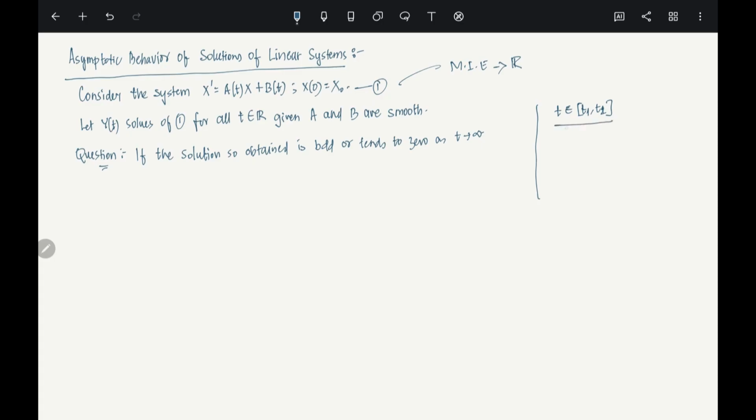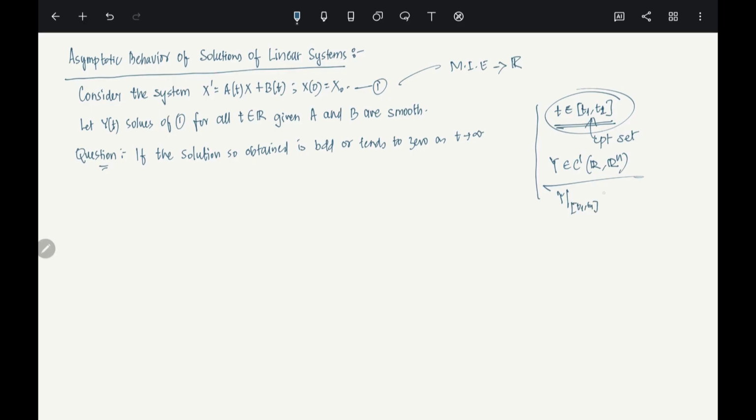The thing is this. If you fix t between t1 and t2, this is a compact set, right? And the solution y solves 1, so y is a C1 function from R to R^n. It's a smooth curve. Now if I restrict t between t1 and t2, y is restricted to this compact set.